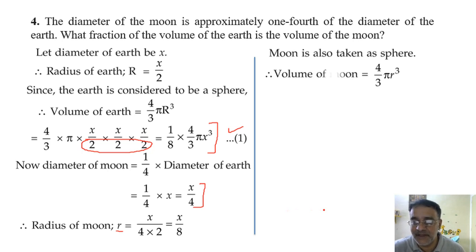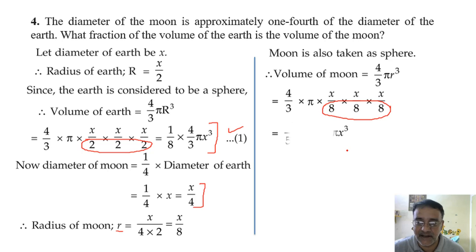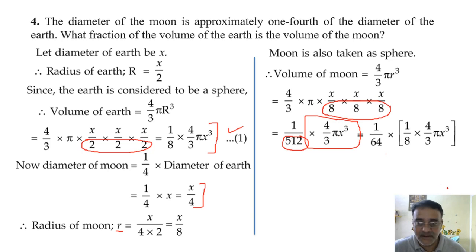So now substitute the value of r here. So 8 into 8 into 8 is 512, we will take it outside. Okay, take one 8 out of this, and attach one 8 with it like this. Whether this is clear? Yes, sir.